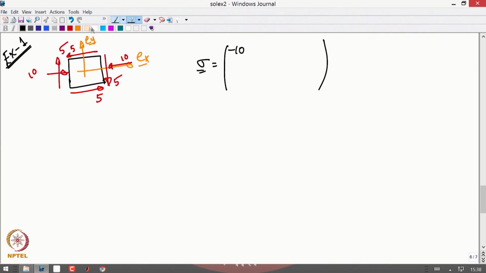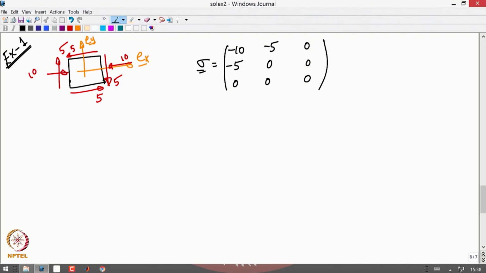Similarly, this 5 MPa stress, which is the shear stress sigma xy, is acting opposite to the positive y direction on the face which has a positive normal oriented along the positive x direction. So, this is a negative shear stress, that will be minus 5. I do not have sigma xz because it is a plane state of stress. Similarly, this will be minus 5. I do not have a sigma yy stress, so that is 0, 0, 0, 0, 0.